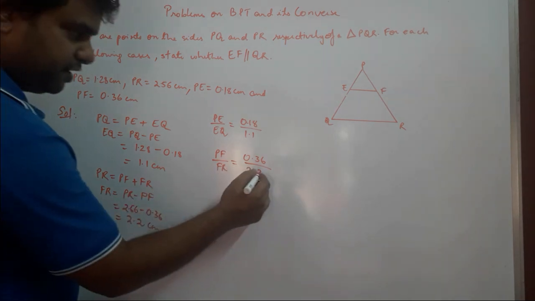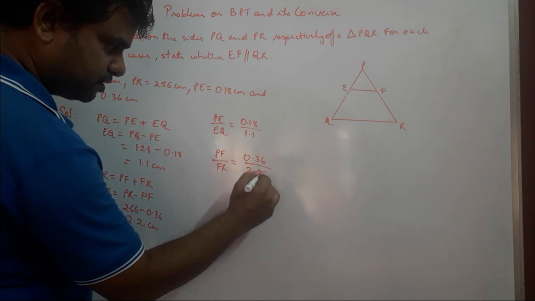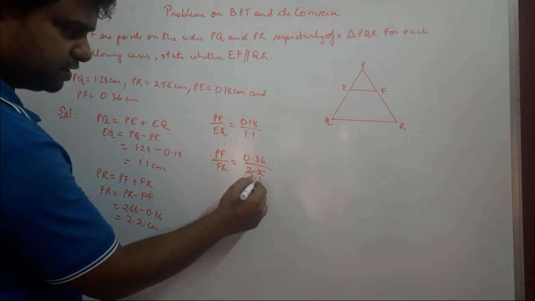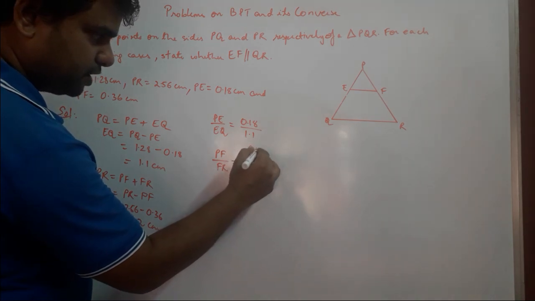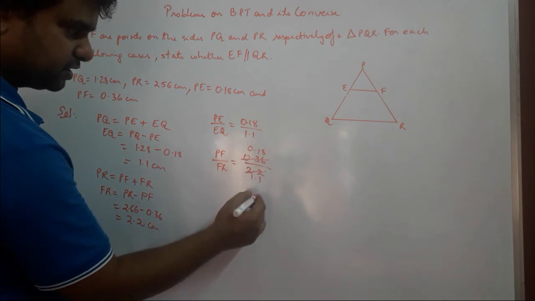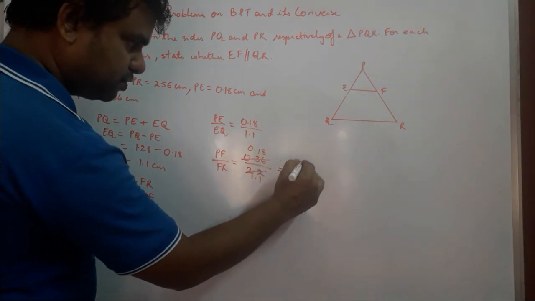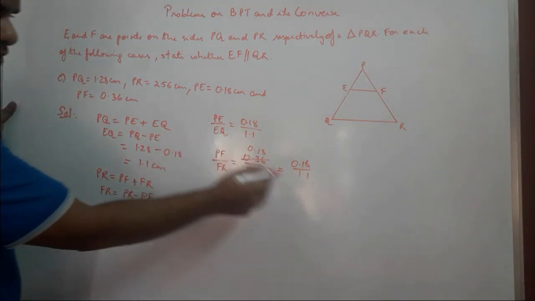So if I divide this by 2, we get 2 ones are 2, 1.1 into 2 gives us 2.2. Over here we can get 0.18 because 0.18 into 2 gives us 0.36. So this comes to 0.18 upon 1.1. Now these two equal each other.